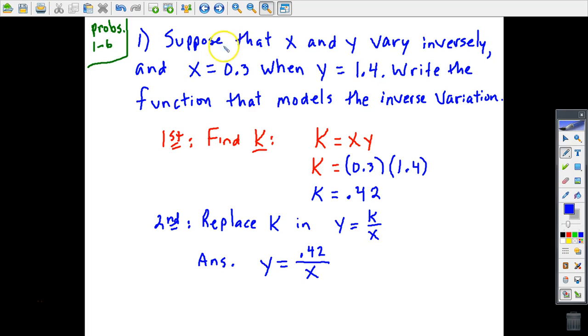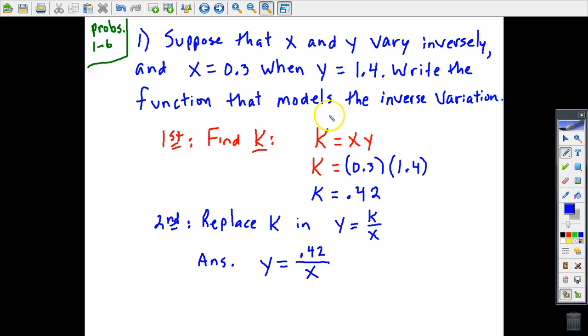You're going to be given the fact that x and y are in an inverse relationship, or they'll use the phrase vary inversely. They're going to give you 2 values, one for x and one for y, and it's your job to find the function that models this inverse variation.